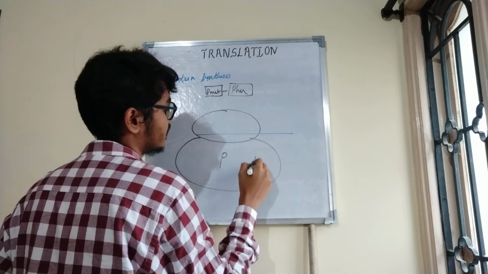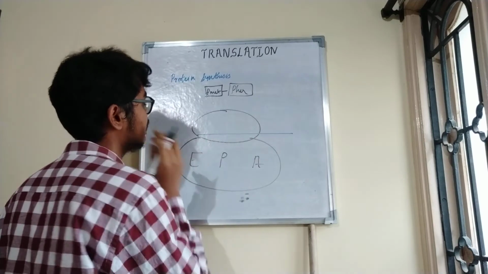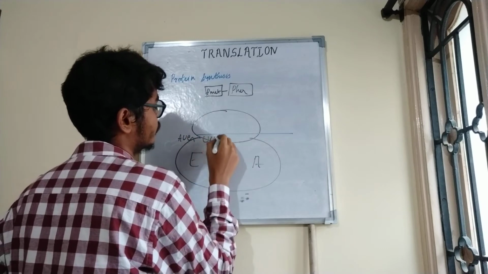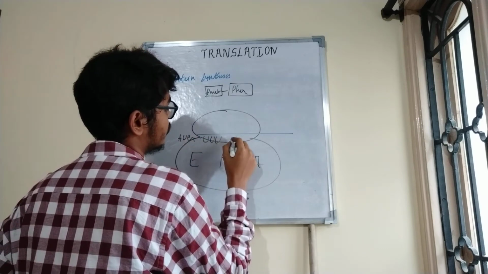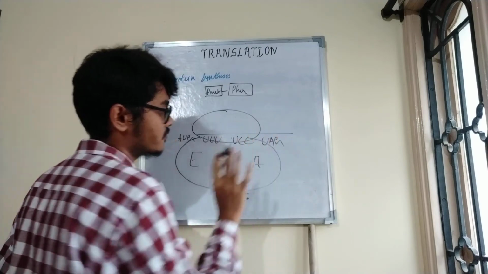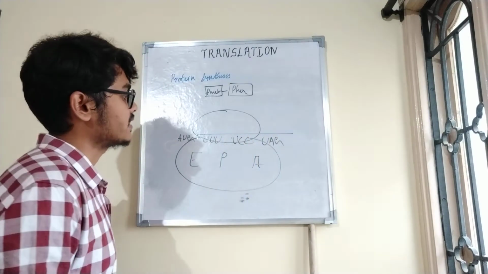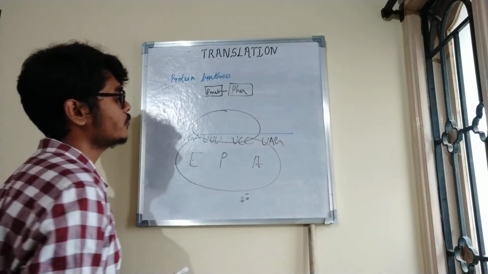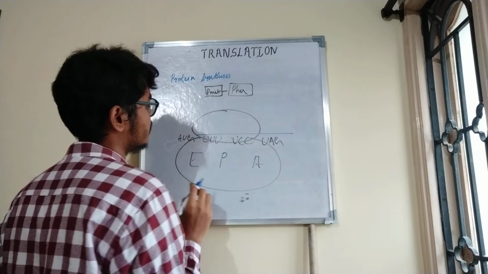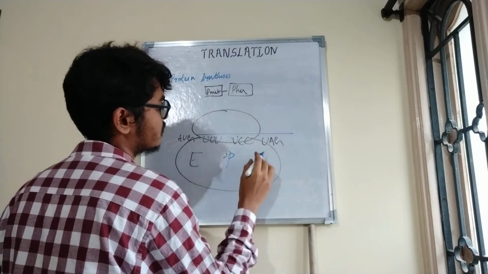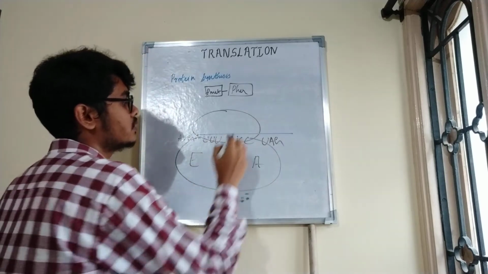This is the P site, A site, E site, and AUG was the first one, then UUU, then UCC, and then we have got UAG. We'll imagine that UAG, the stop codon, has come here. Now UCC was at the P site, and UAG has come to the A site.